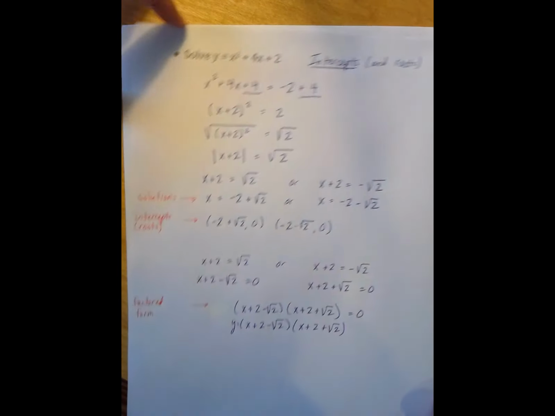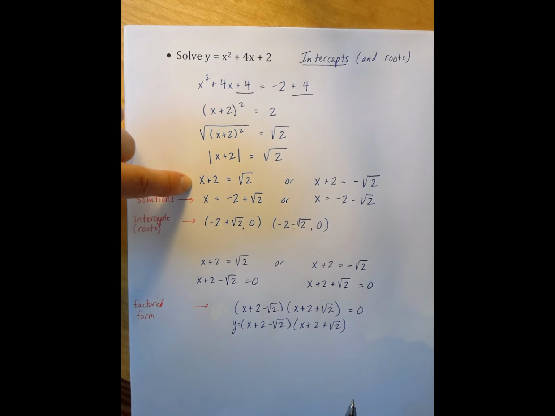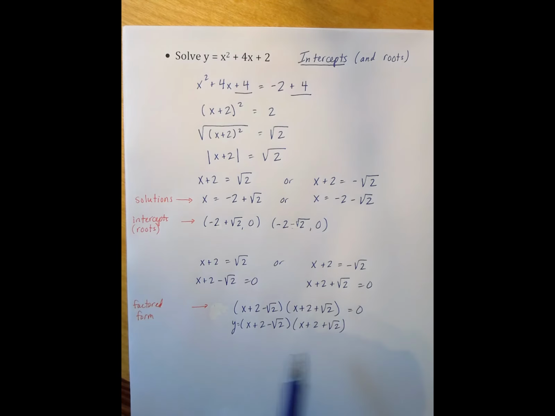And starting to list all of the factors of 2 when the factors themselves aren't integers becomes an impossible task, because then there's an infinite number of numbers multiplied together that equal 2. It's a matter of finding the exact right non-integer ones that do that. And so the easiest way to get factored form in that case is to complete the square and then work backwards from the place where we start getting our solution to rewrite it in that factored form.